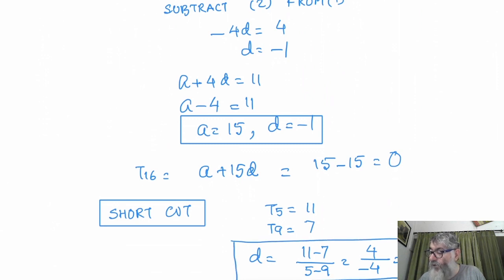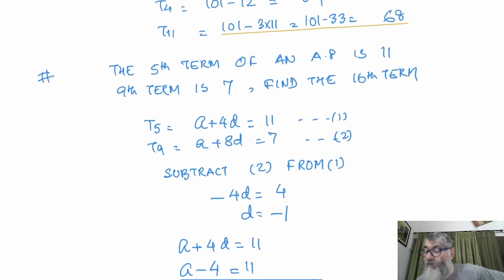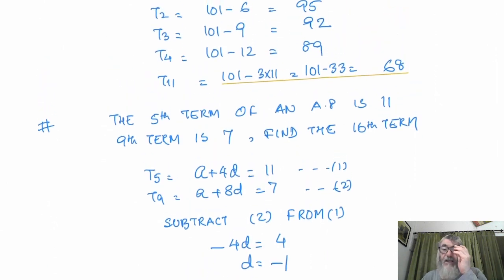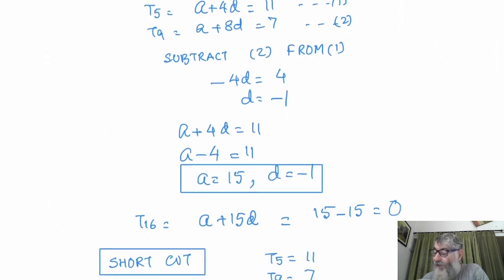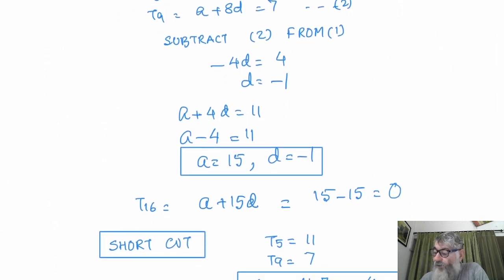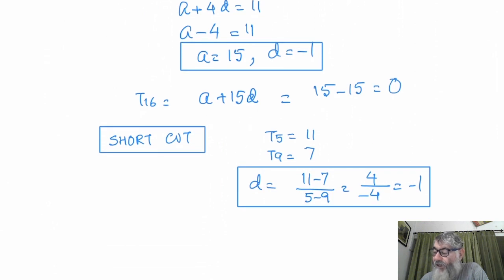This can be done even orally. Like D came minus 1, we used this much of exercise subtracting this and that. But correctly speaking, you can directly calculate D by subtracting these two numbers, 11 minus 7 divided by 5 minus 9, 4 by minus 4.